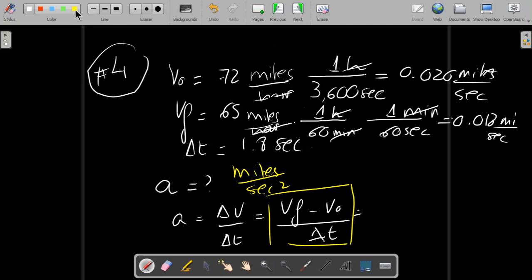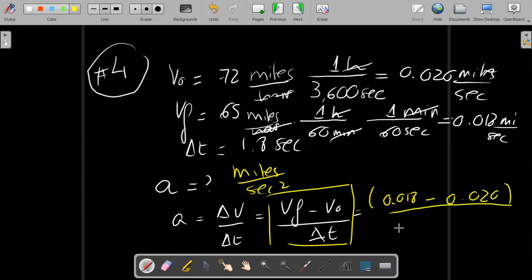I'm going to go back to yellow so we can put it now in here. My final velocity was the 0.018, and then my initial was the 0.020 miles per second.